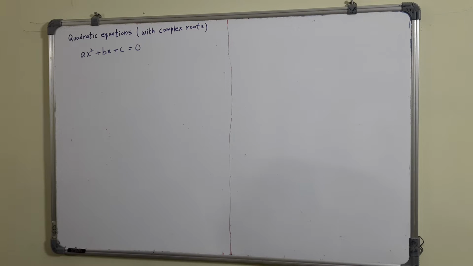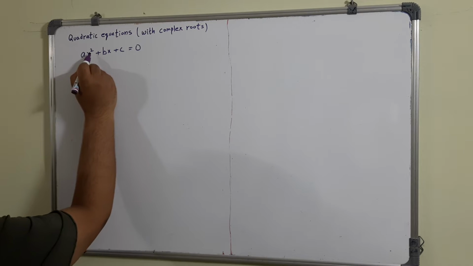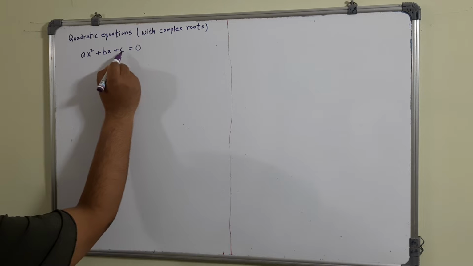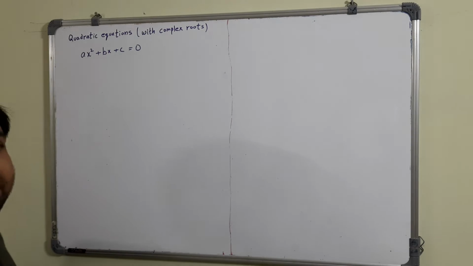The variable here is x, and the maximum power of x is 0 here, 1 here, and 2 here. So 2 is the maximum power of the variable x.